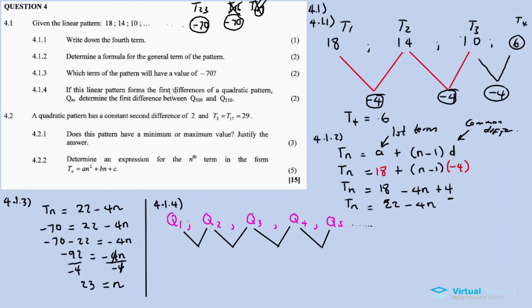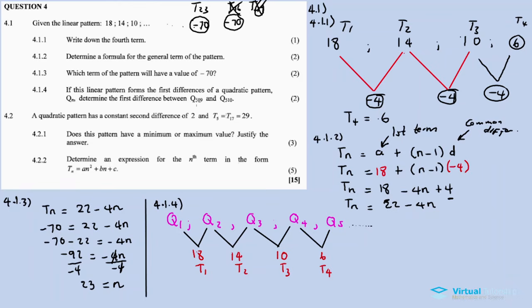So look at these 18, 14, 10 and 6 as our 4th term. They say the first differences of this quadratic pattern are given by this linear pattern. So the linear pattern is the first differences of this quadratic pattern.